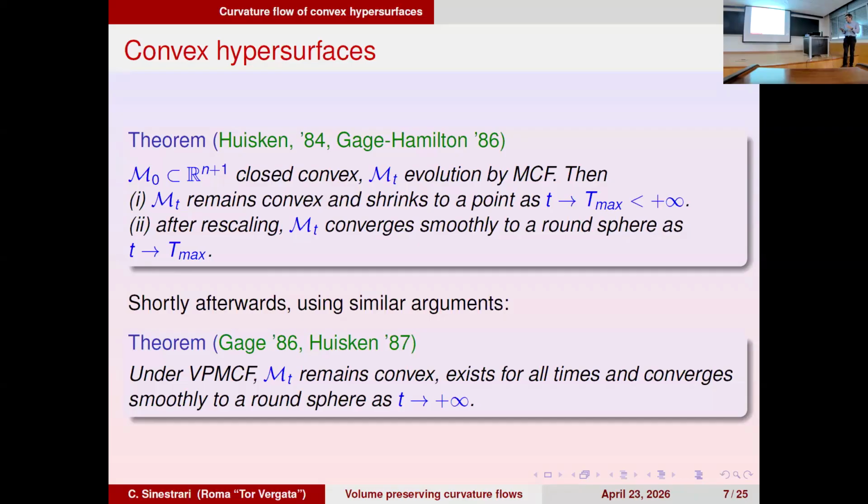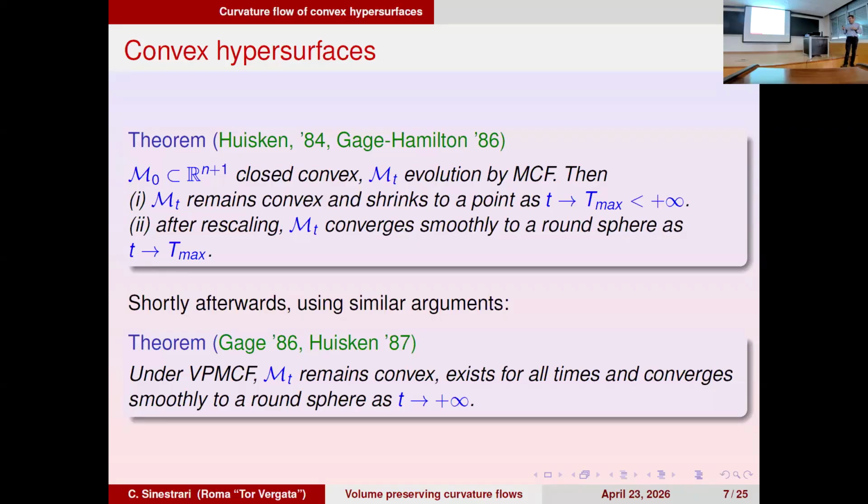So I think even when Esther started her PhD, it wasn't clear how interesting the volume preserving flow could be. A very important application was in general relativity, in a paper by Huisken and Yau, where volume preserving mean curvature flow was used to construct a CMC foliation.